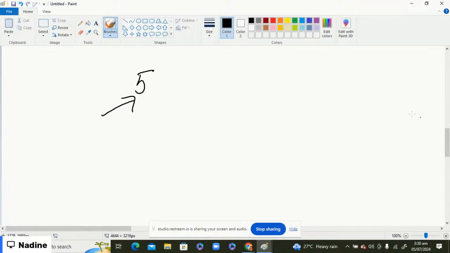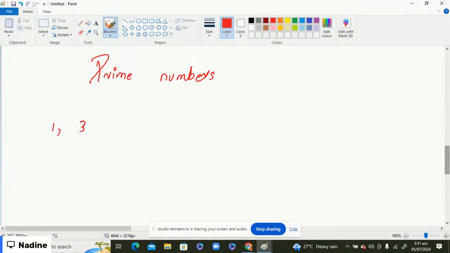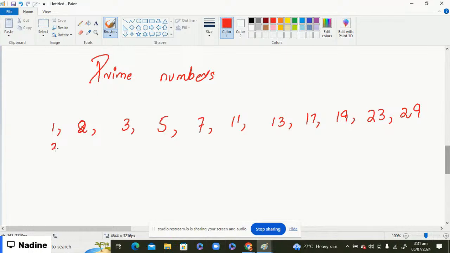Let me write some prime numbers here, then you will be more able to get it. Some prime numbers: 2, 3, 5, 7, 11, 13, 17, 19, 23, 29, 31, 37.